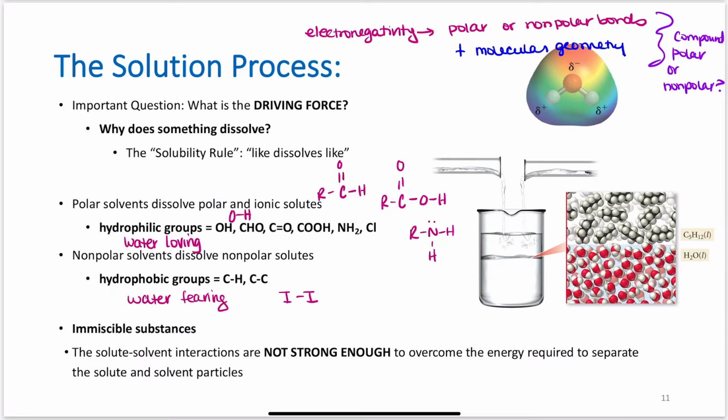We also have what we call immiscible substances. Immiscible is when the solute-solvent interactions are not strong enough to overcome the energy required to separate the solute and solvent particles. Basically, the solute and solvent will not mix.